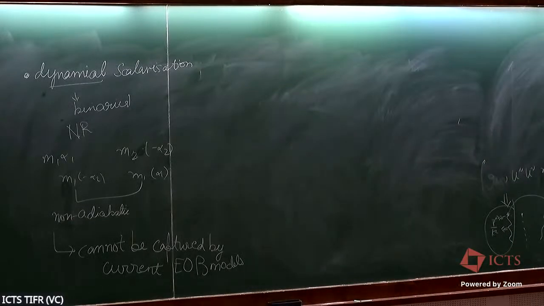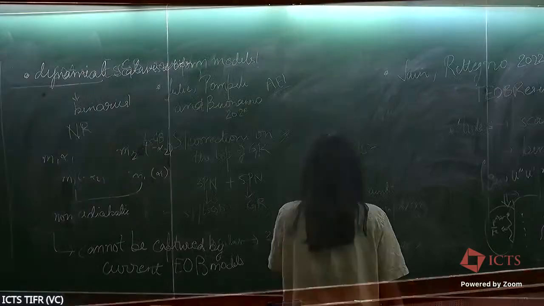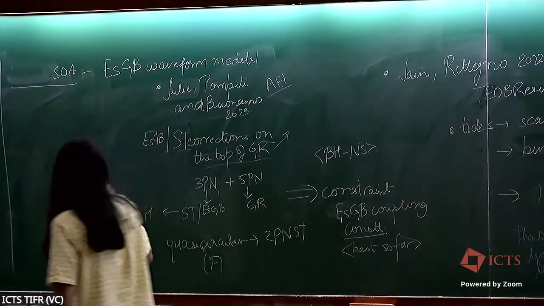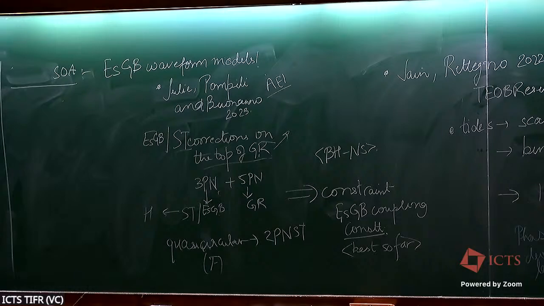We studied that in GR there is a lot of progress. We have eccentricity incorporated, we have spins incorporated, we have tides incorporated. But in ESGB or scalar tensor, the information is quasi-circular up to 3PN. So we need to develop this model to be even better to break degeneracies, because this scalar tensor effect that we said is a fast merger can also happen because of the presence of tides, or because of the spins.